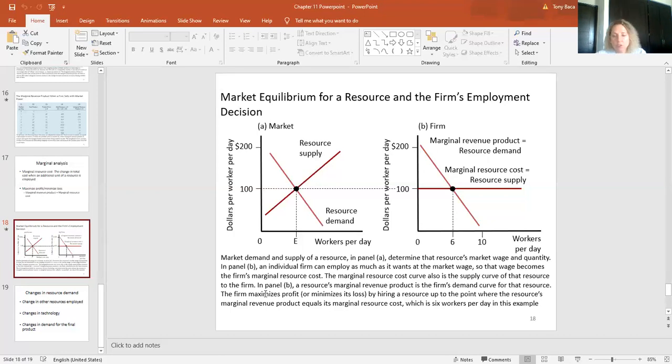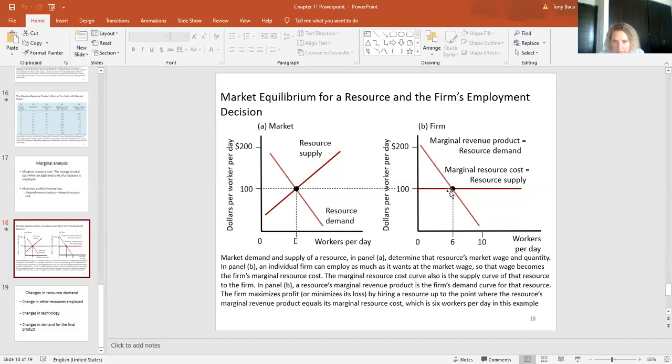Okay, so this is just the marginal revenue product for one of those firms that we looked at in the previous chart, right? The marginal revenue product was going down anyway.